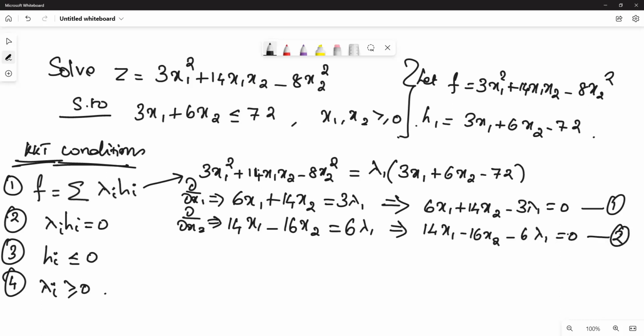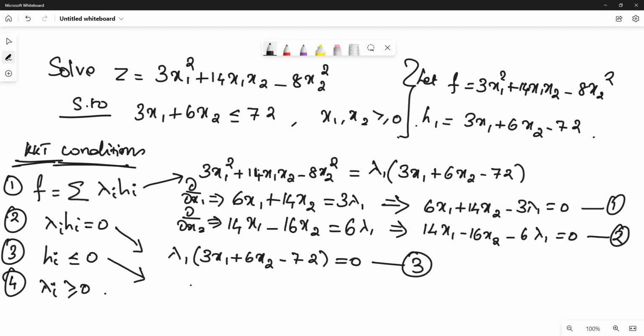Mark it as equation number 2. Second condition is lambda i hi is equal to 0. Only one h1 here, so this leads to a single equation. Lambda 1 h1 is equal to 0, so lambda 1 times 3x1 plus 6x2 minus 72 is equal to 0. Mark it as equation number 3.